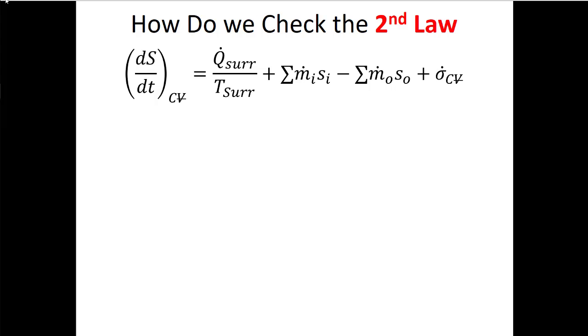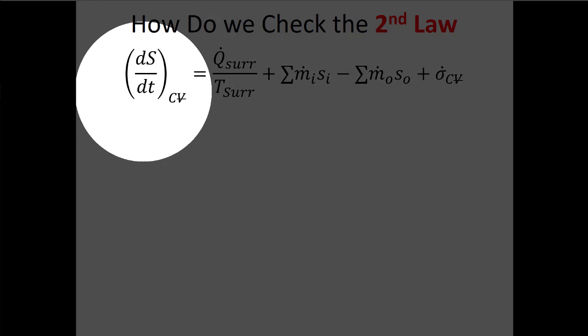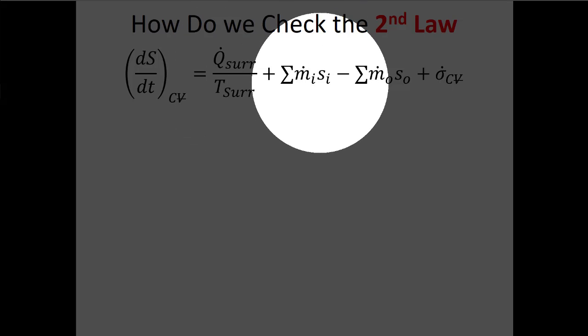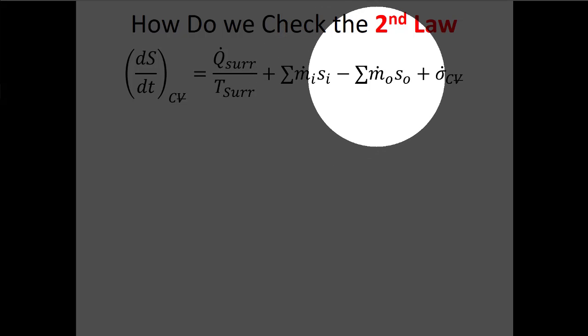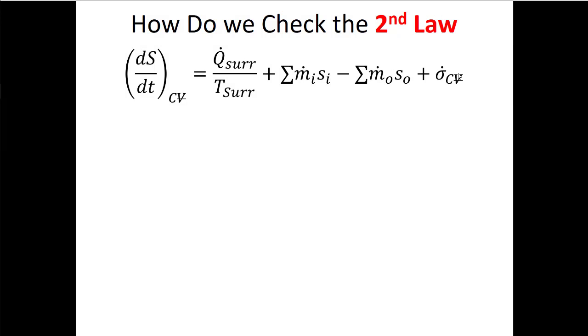So in the second law, we're going to have to look at this rate version of the equation, particularly if we're looking at open systems, where we talk about the rate at which entropy is being stored in the system. We know that somehow heat transfer is related to entropy generation. There's some entropy that's coming into the system with the mass, entropy that's going out of the system with the mass, and then this new term, right?